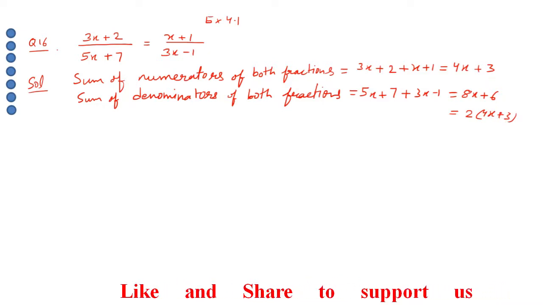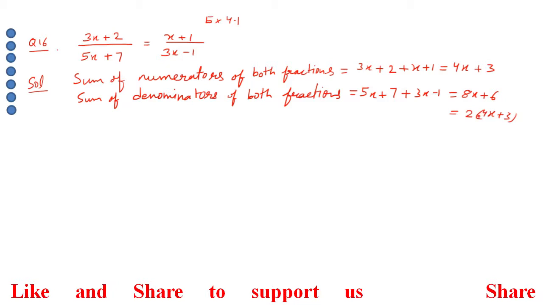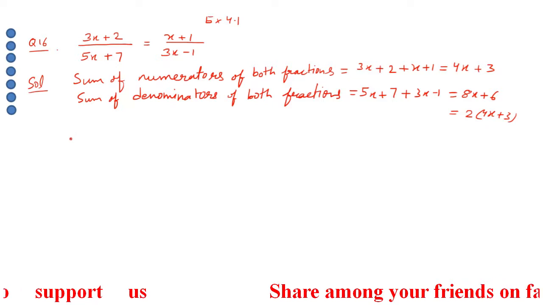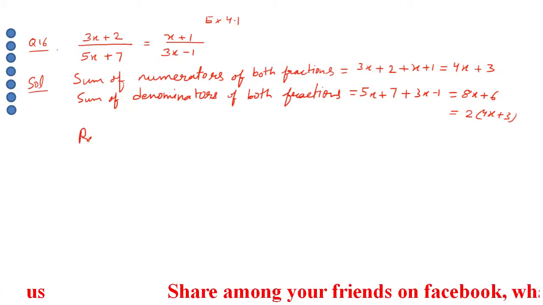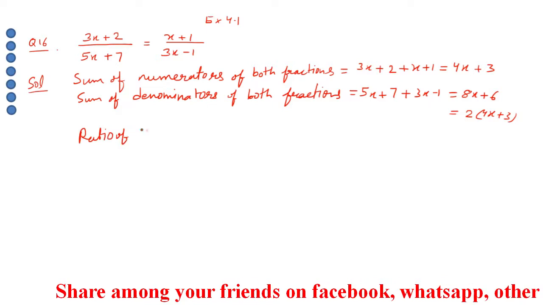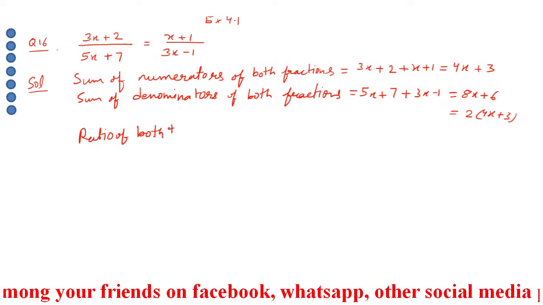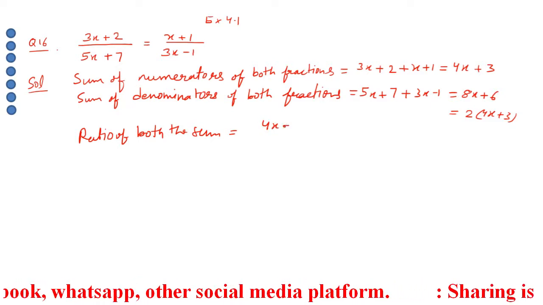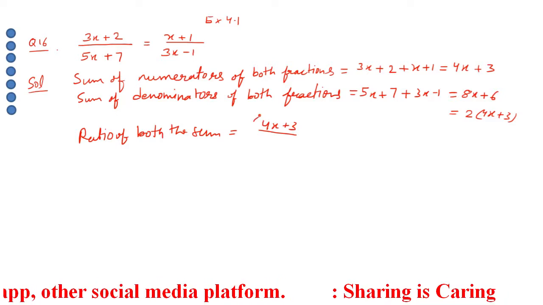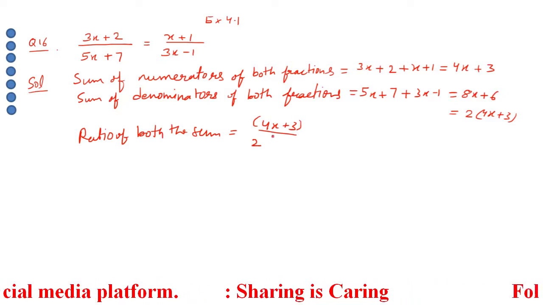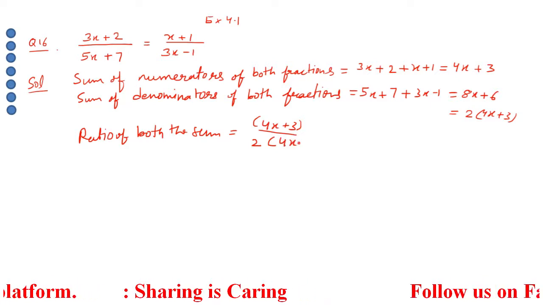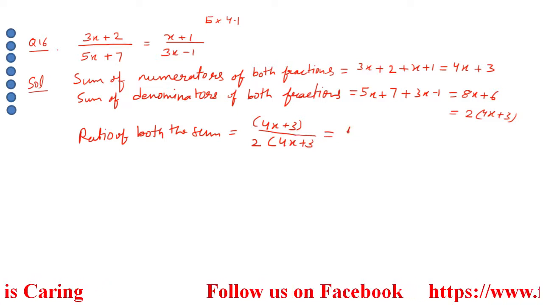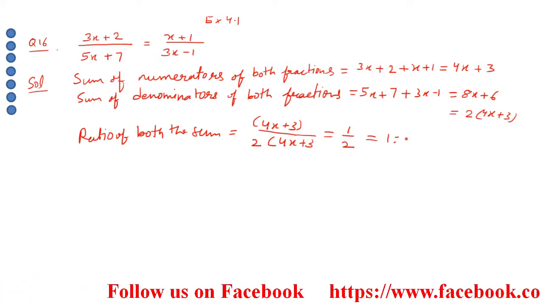When we find the ratio, it is (4x + 3)/(2(4x + 3)). The 4x + 3 cancels, so we get 1/2. So the ratio is 1/2, a fixed ratio.